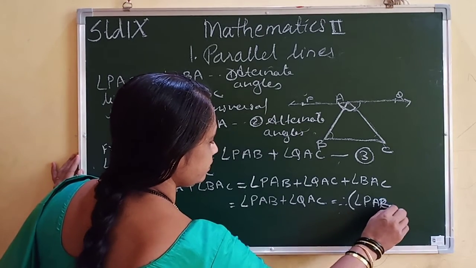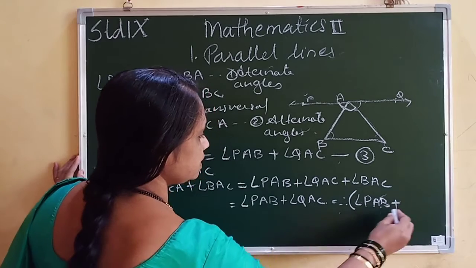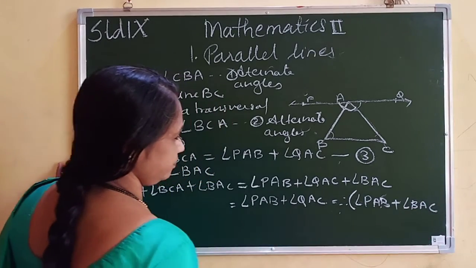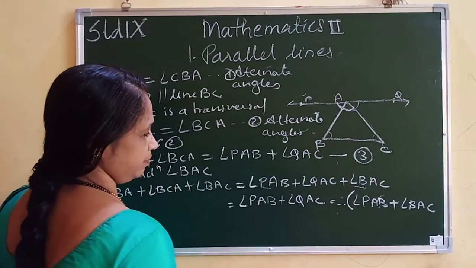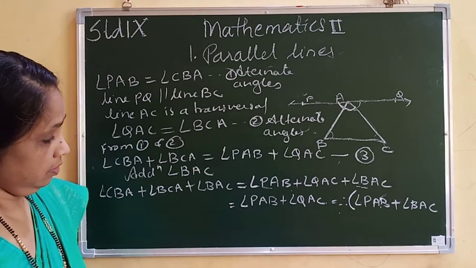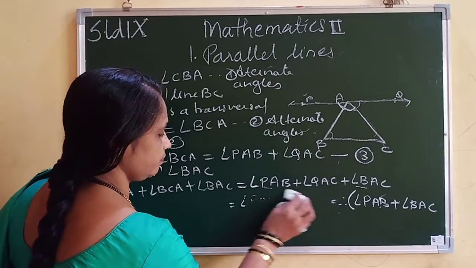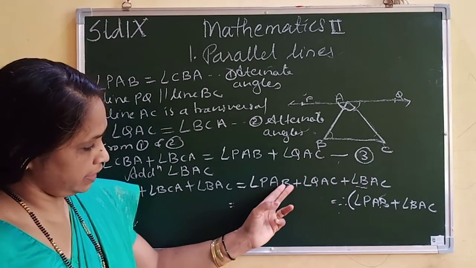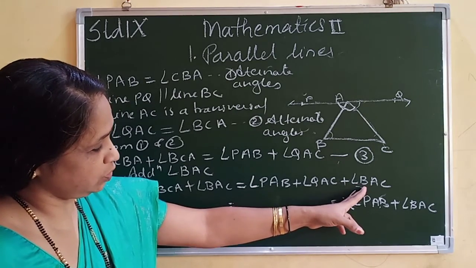PAB, this is PAB plus angle BAC. See, this angle PAB and angle BAC. Angle PAB plus angle BAC is equal to what?